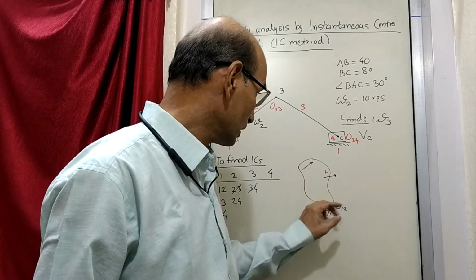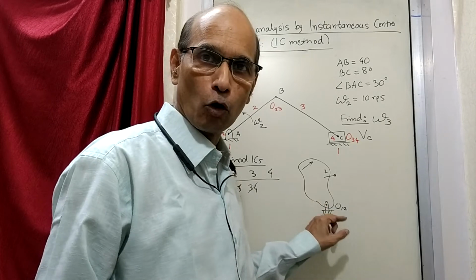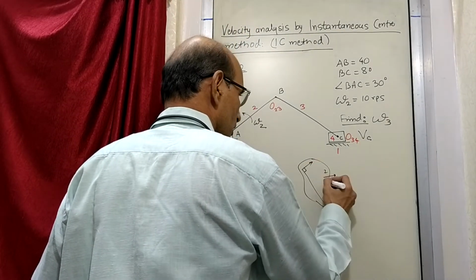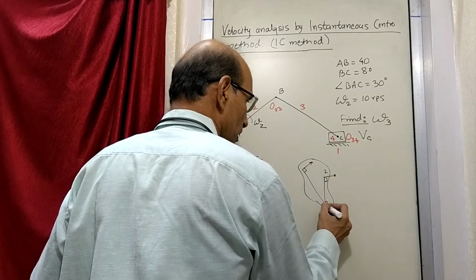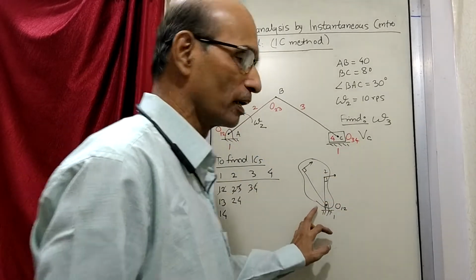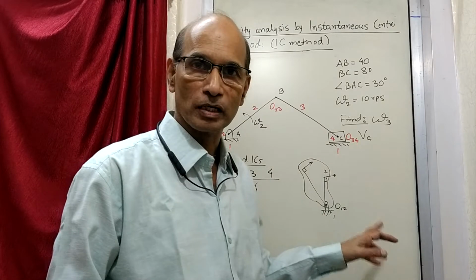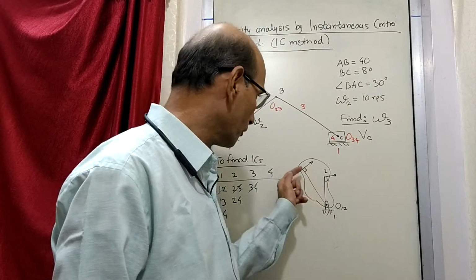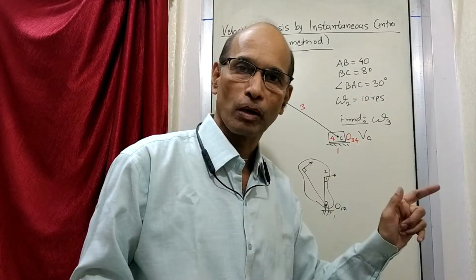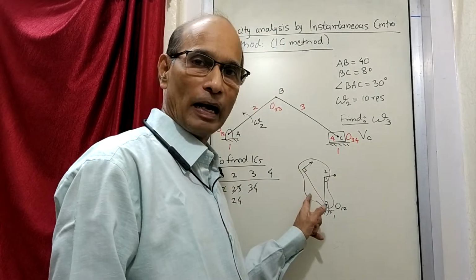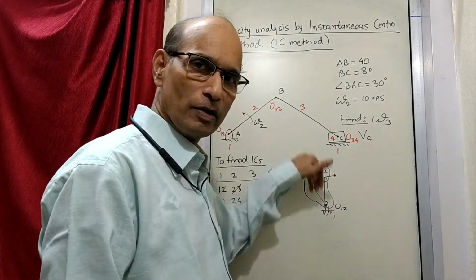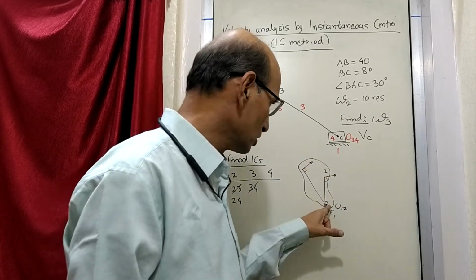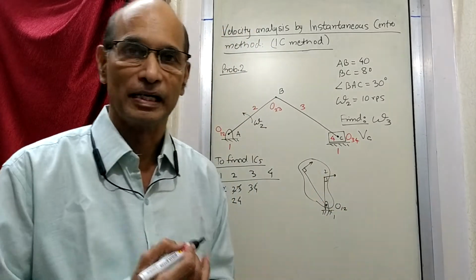Then you can identify O12 by drawing a perpendicular to each velocity vector, and the intersection is going to meet here, which is your center of rotation. Because this is the center of rotation and this is the radius, the velocities of these points are going to be perpendicular to the radius, and that is why they are like this. So we are doing it the reverse way. From the velocity vectors, drawing the perpendiculars, we get the IC, which we have already seen earlier.